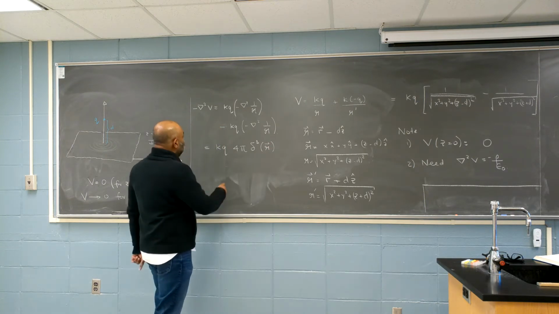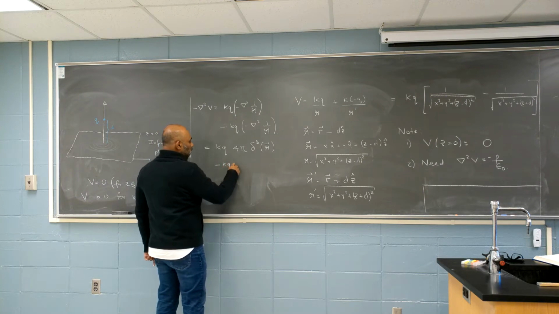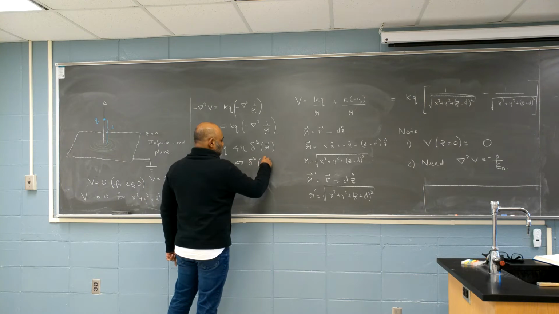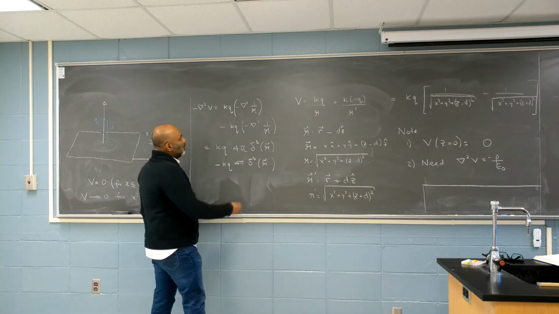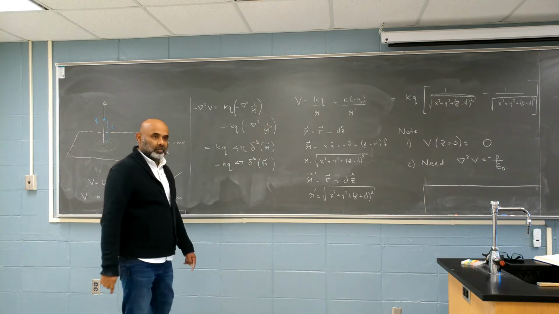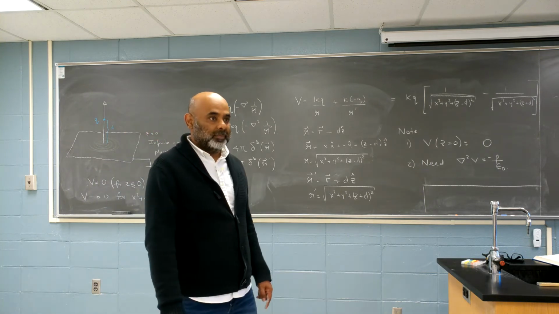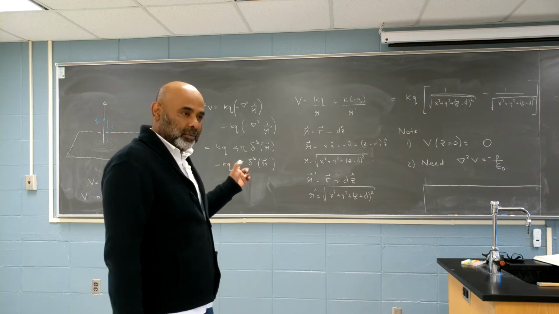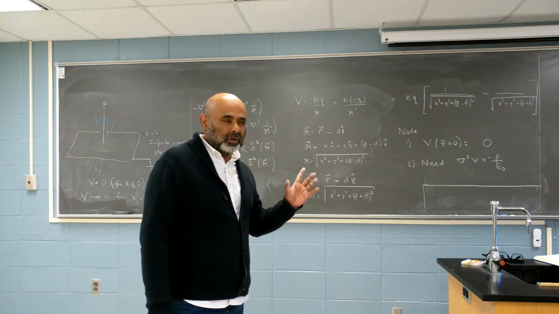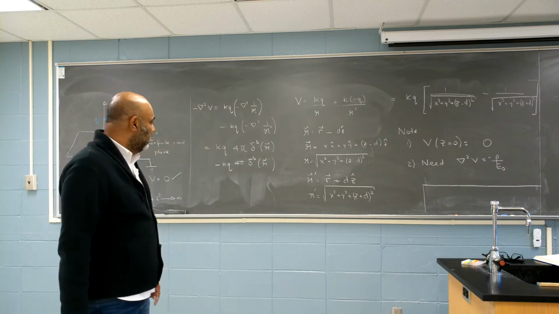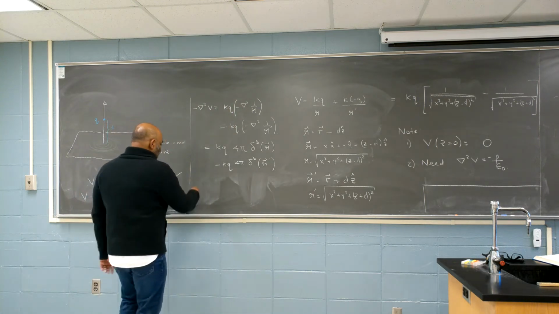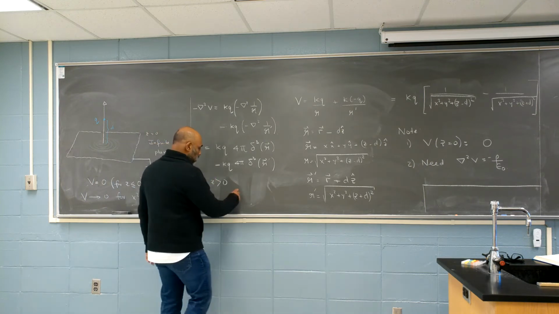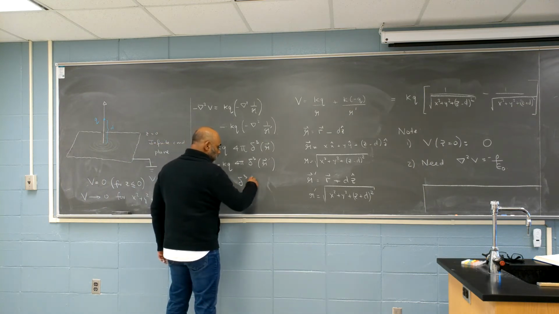That's from chapter 1. I realize that, but now that I write it, you should recall it. And if you don't fully see it, go back to your notes. Now, for z greater than 0, what is this?